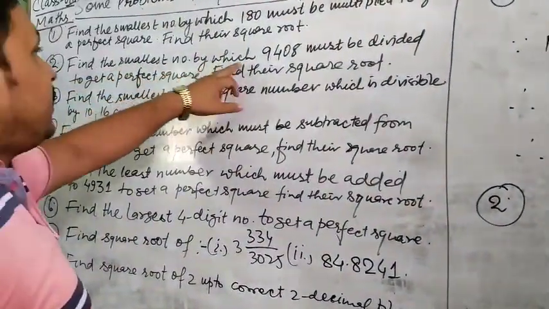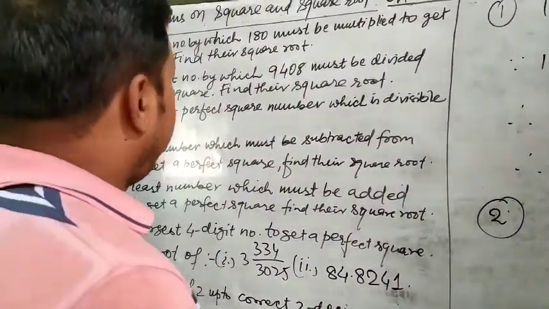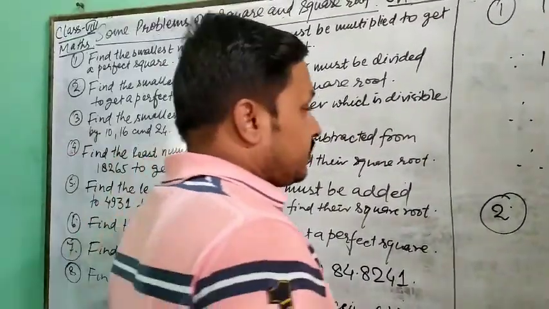In the second question, find the smallest number by which 9408 must be divided to get a perfect square.